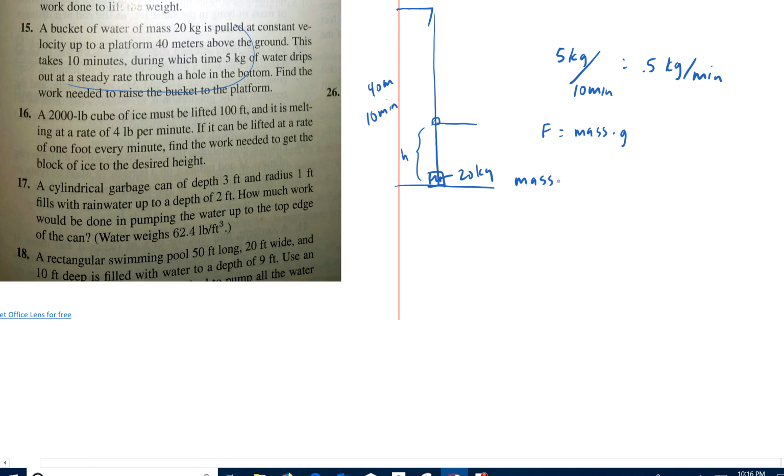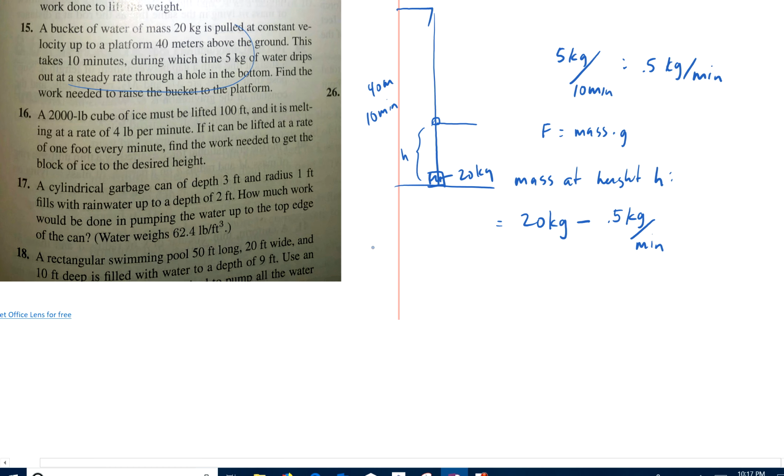So the mass at height h, I know that's going to be 20 kilograms minus 0.5 kilograms per minute. Well, I need to figure out what's the relationship between the height h and the time.